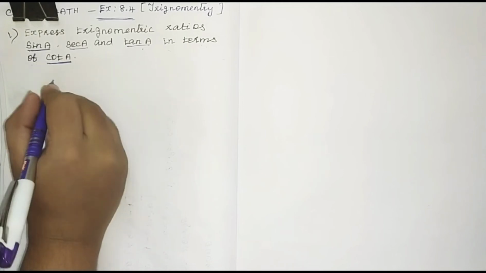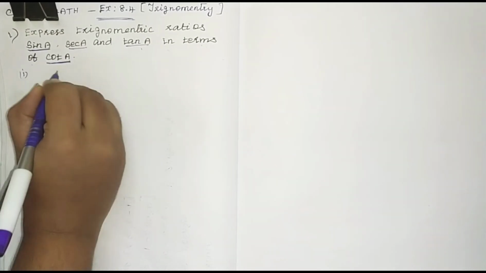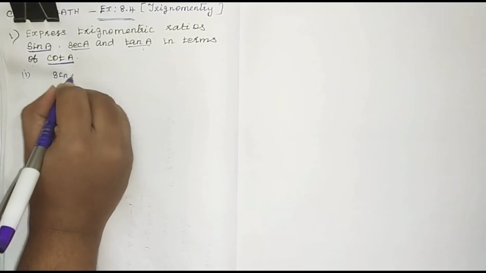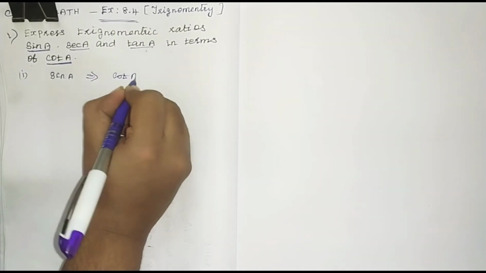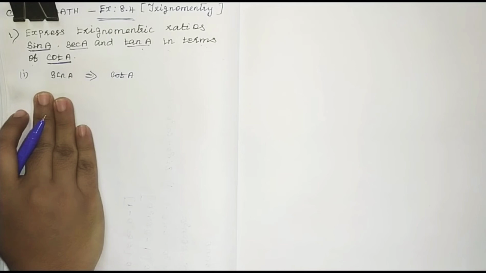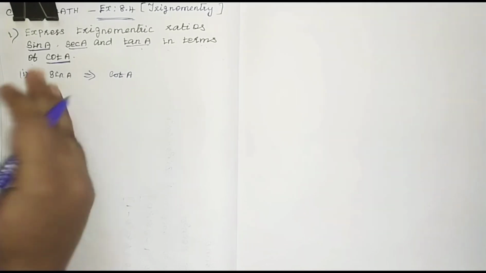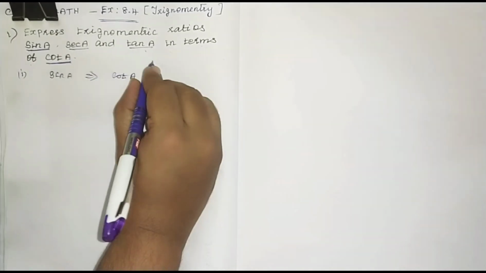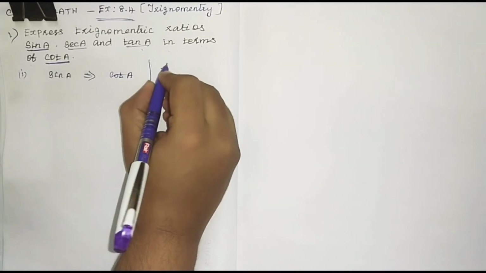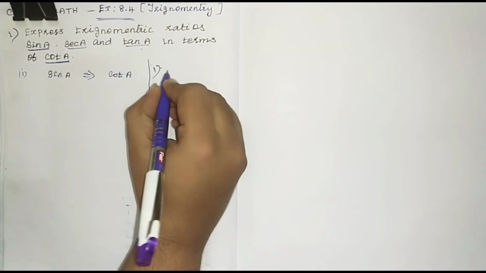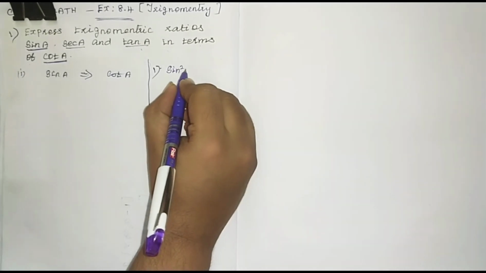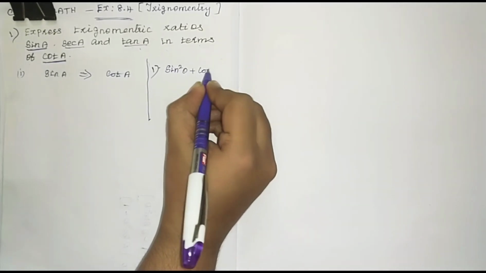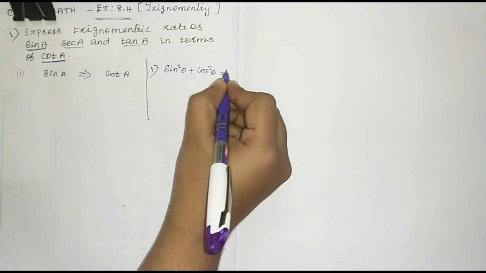First we can consider sin A. You have to convert sin A to cot A. Already we know three trigonometric identities. I will recall them for you. The first trigonometric identity: sin square theta plus cos square theta equal to 1.